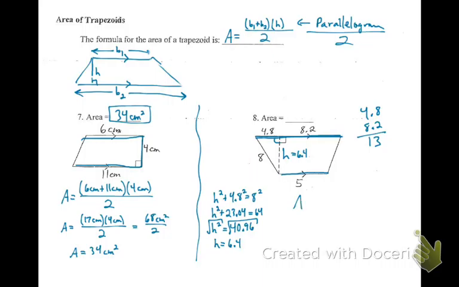Now I have the base and the second base and the height. I can plug into the area formula. So it's going to be base 1, which is that 13, plus base 2, which is 5, times the height, which is 6.4, divided by 2. So essentially I have 18 times 6.4 divided by 2.